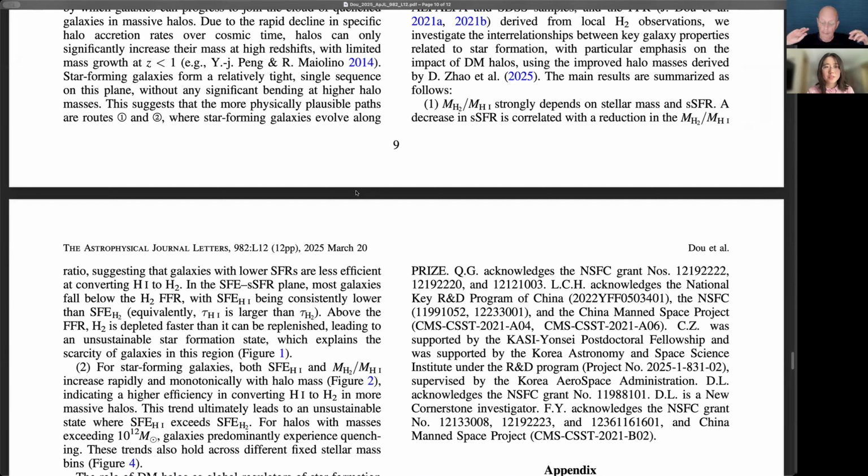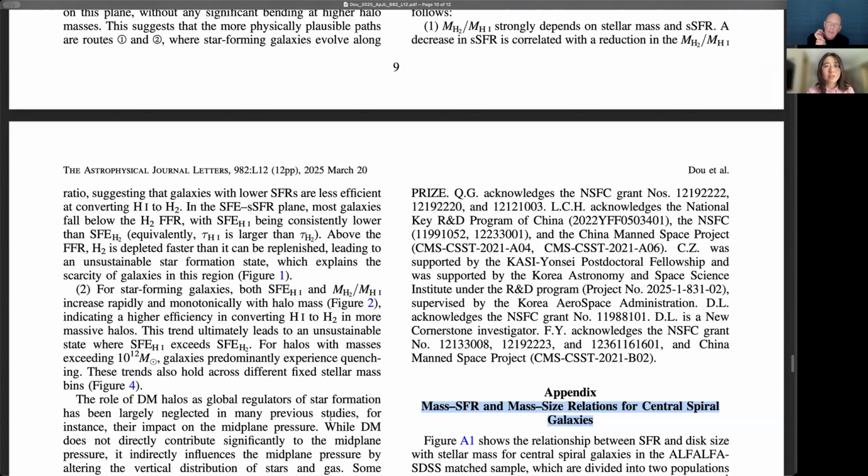So by adopting this new halo mass estimation, we can better study the relation between dark matter halo and the galaxy properties. And the second thing is that in this work, we emphasized the role of the dark matter in regulating star formation and the gas conversion.